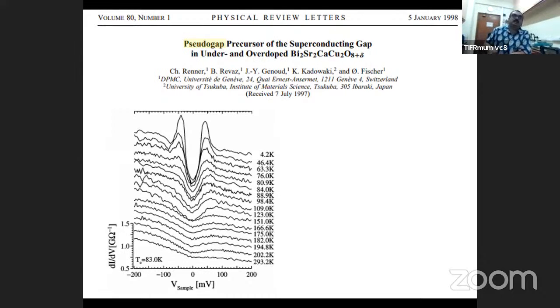The one that you see here, bismuth strontium calcium copper oxide, is often called BSCCO in short. This superconductor has a transition temperature of 83 Kelvin, so about here.